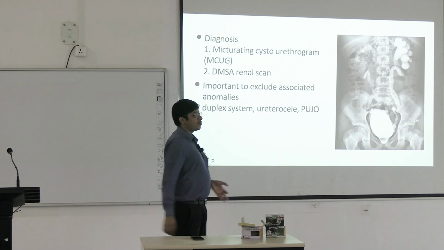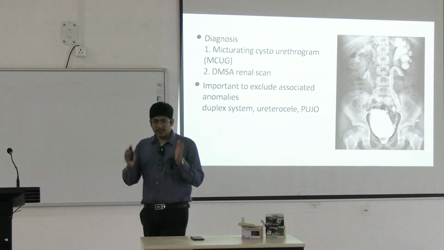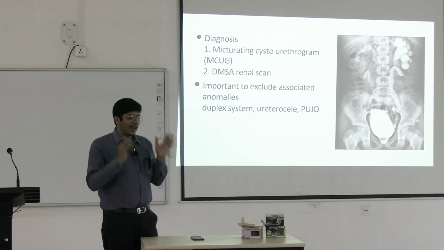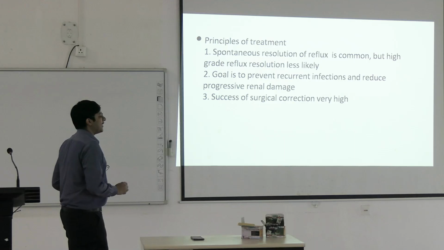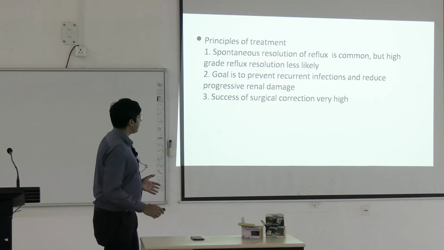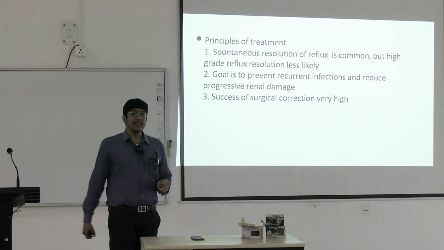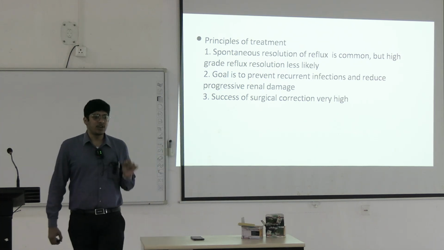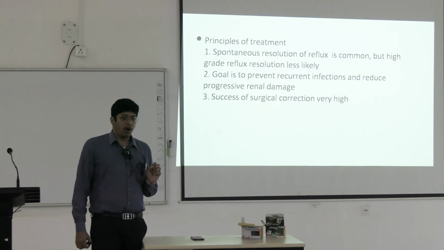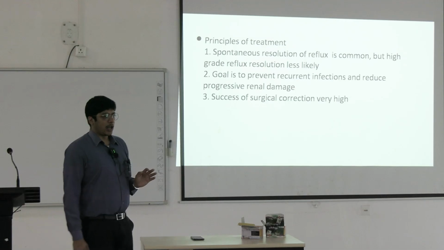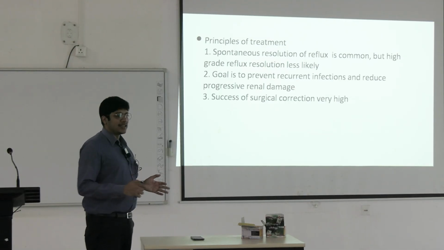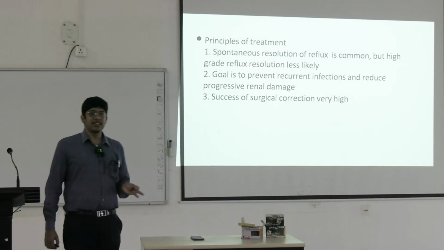So, now how do we treat this patient? There are general principles or guidelines for managing this disease. Most importantly, there is scope of spontaneous resolution of vesicoureteric reflux with increasing age. What do I mean by increasing age?